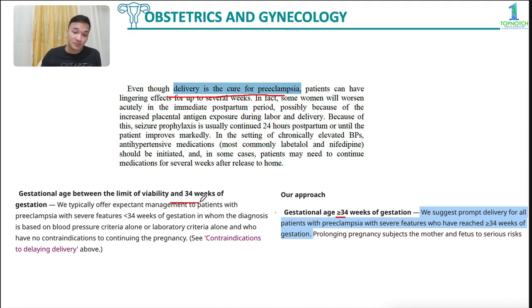For example, preeclampsia with severe features na more than equal 34 weeks of gestation, prompt delivery na yung patients na ganun. Preeclampsia with severe features na more than equal 34 weeks of gestation, prompt delivery. Okay? For all patients. Paano kung less than 34 weeks na preeclampsia with severe features? Ang ginagawa natin is expectant management.